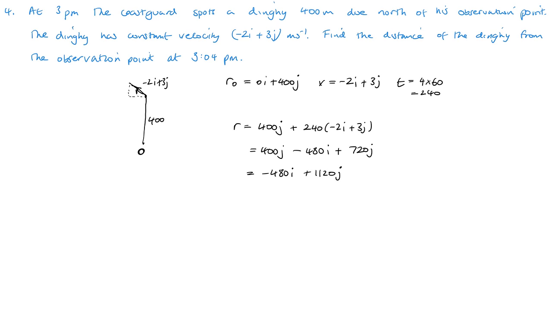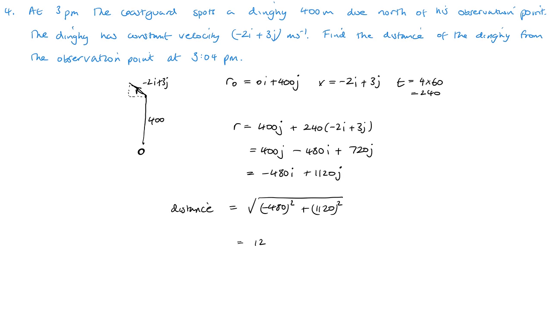We want the distance. So distance is going to be the modulus of this. So minus 480 squared plus 1120 squared, and then square root it.